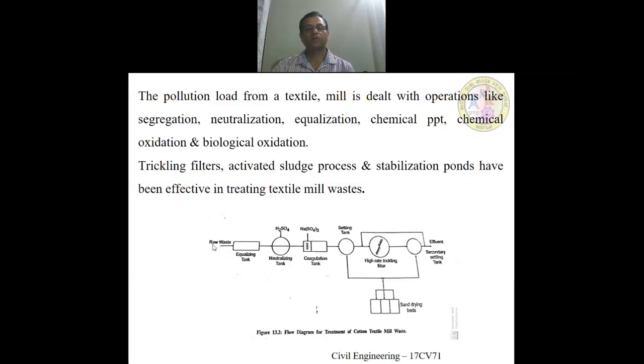First, when raw water enters, you go for equalization, that is, the concentration of substances is maintained by adding extra water. The second process is neutralization, where you add acid because the waste is alkaline in nature, to bring it back to a neutral solution.